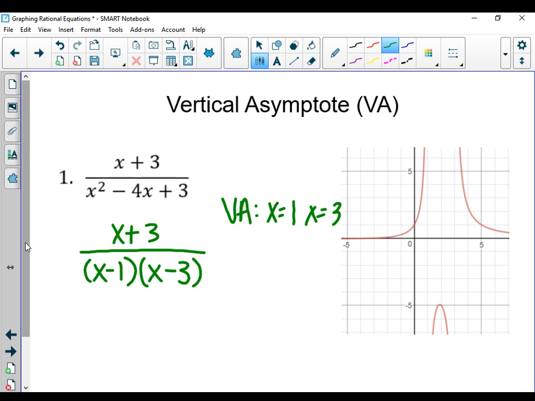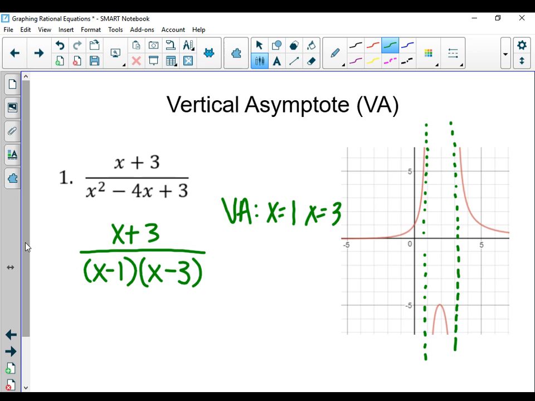If you graph this in your calculator, you would get this graph over here to the right. Notice at 1 and at 3, I have these almost invisible lines that make restrictions for me.